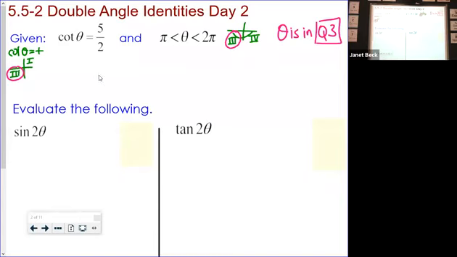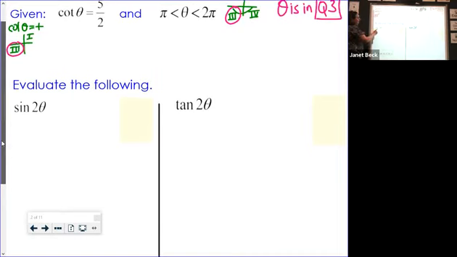Let's get on with this then. So first of all, let's look at our questions. We're going to have to find the sine of a double angle, sine of 2 theta, and the tangent of 2 theta. So we're going to use for this the identity, and these will be given to you on a test.